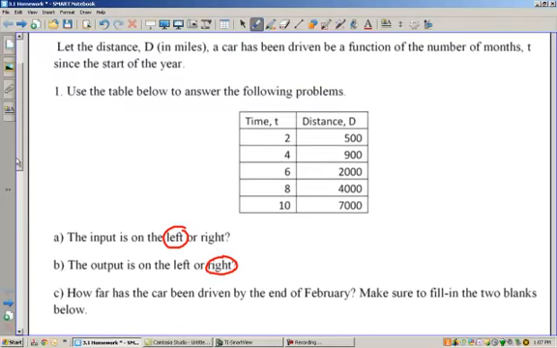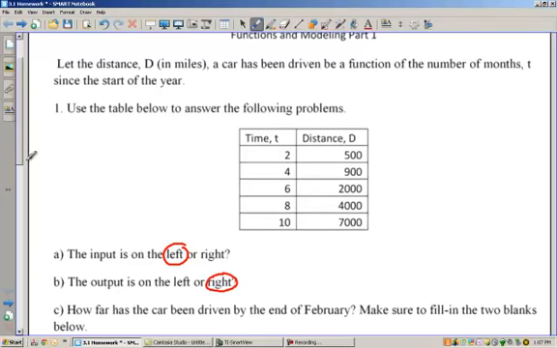On this, you might want to ask, what do these numbers represent? 2, 4, 6, 8. 2 is actually the end of February.